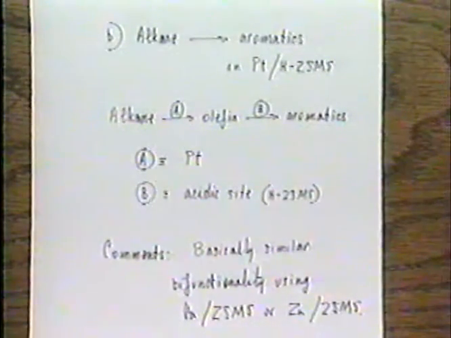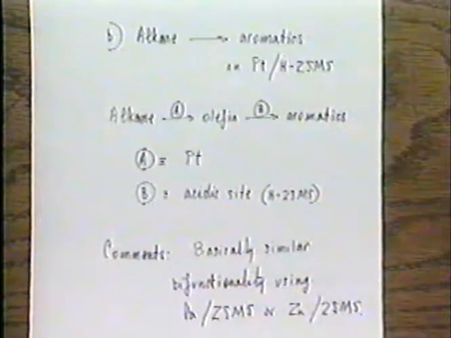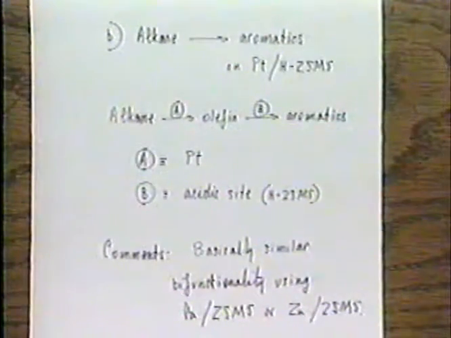Then there'll be an intermediate step in which these C2 and C3 olefins are oligomerized to higher olefins, particularly C6 to C8 olefins. And then these higher olefins are cyclized and dehydrogenated simultaneously to give you aromatics, particularly the xylenes out of C8 olefinic precursors.